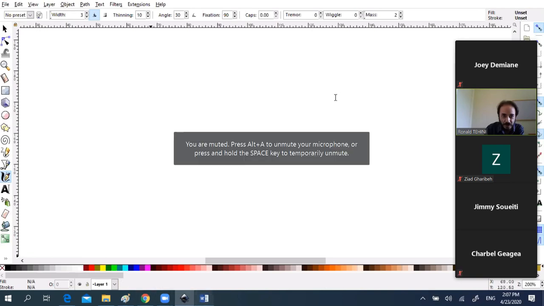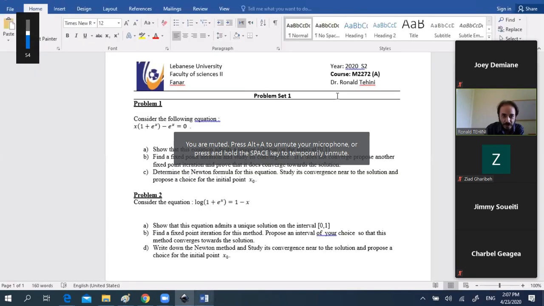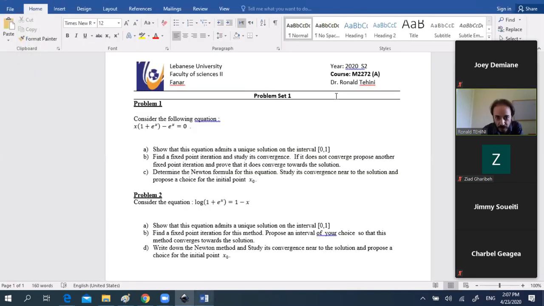Okay. Now find the fixed point iteration and study its convergence. So for the fixed point iteration, we have to convert to x equal g of x.